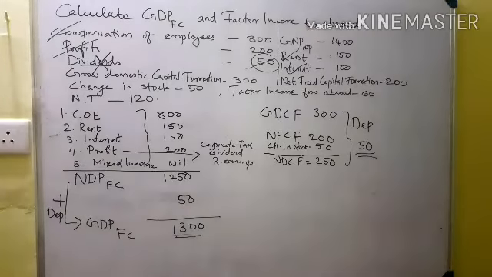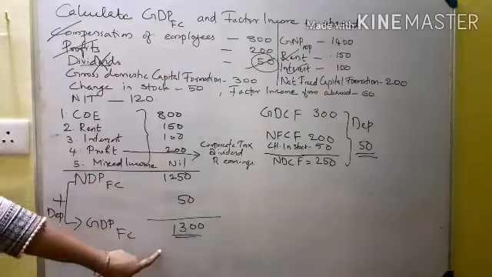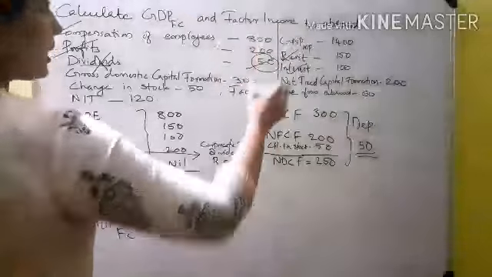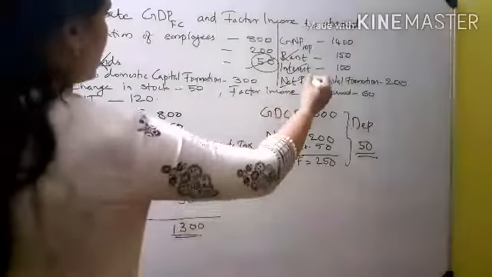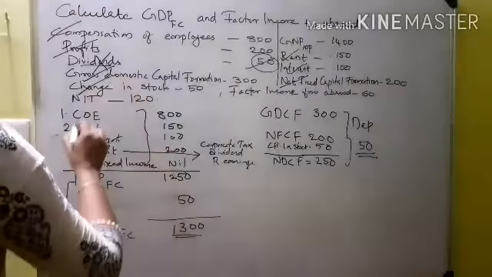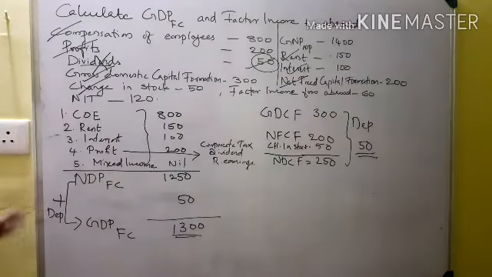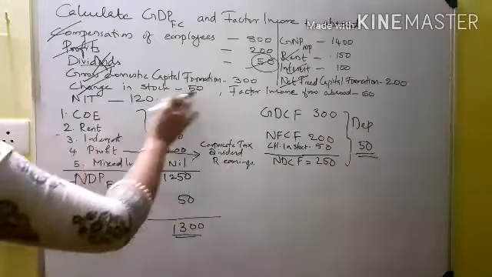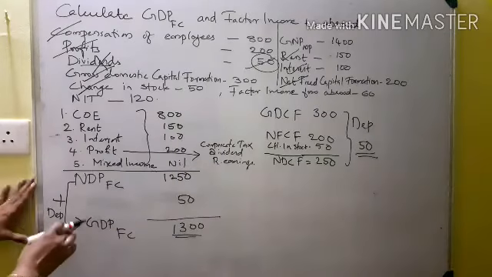So one value, GDP FC, we got as 1300. Next we have to calculate factor income to abroad. Factor income from abroad is given as 60.